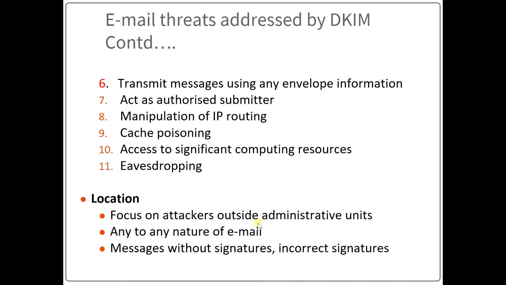So they might generate messages without signatures, or with incorrect signatures, or with correct signatures from domains with little traceability, and they may also pose as mailing lists, greeting cards, or other agents that may legitimately send or resend messages on behalf of others. So we can have types of attacks based on location as well.